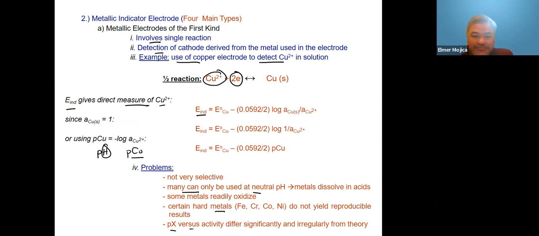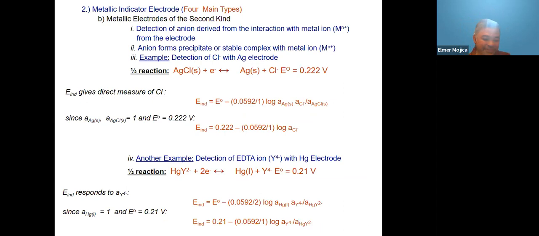Okay? Now doon naman sa kasunod, so meron tayong first kind. So yung kasunod naman, the metallic electrodes of the second kind. So what does it mean? So you have a metallic electrode of the second kind when the potential of an electrode of the first kind responds to the potential of another ion that is in equilibrium with your Mn+.